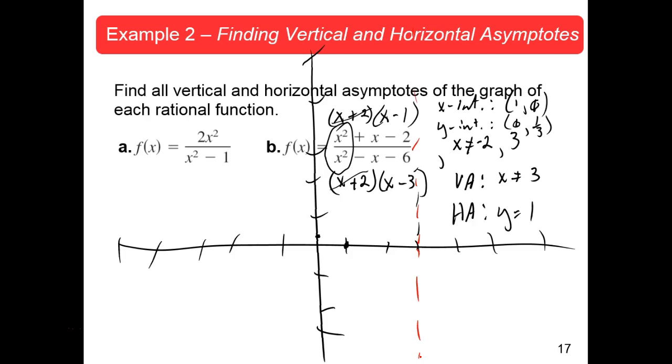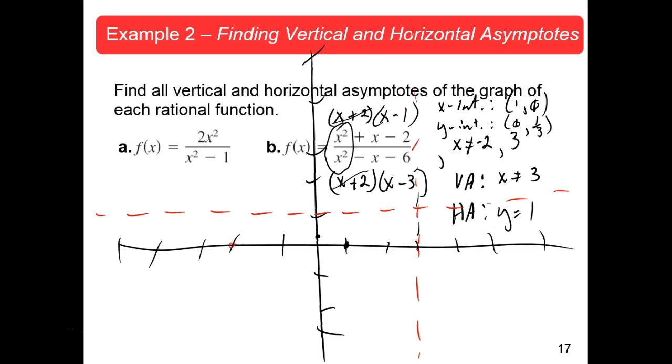Now, I want to make a little mark here. X can't be negative 2, so I'm going to put a little circle there to remind myself x can't be negative 2. It's not a y-intercept, but a reminder. Horizontal asymptote, y is equal to 1. There we have that.